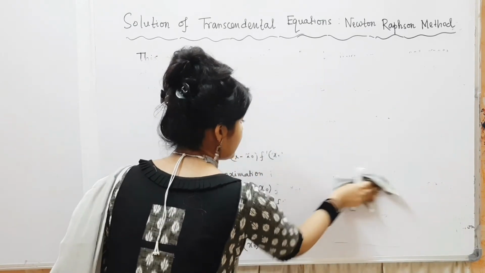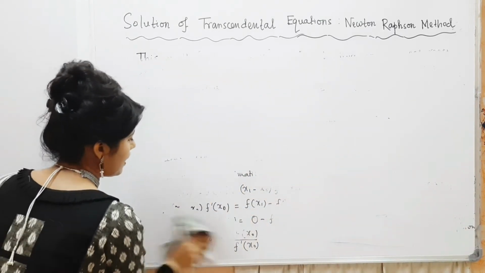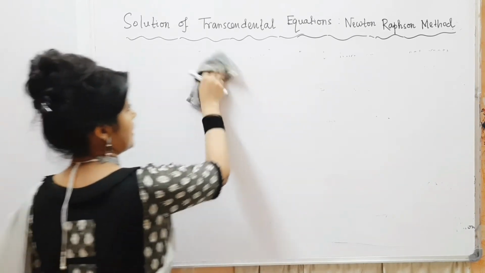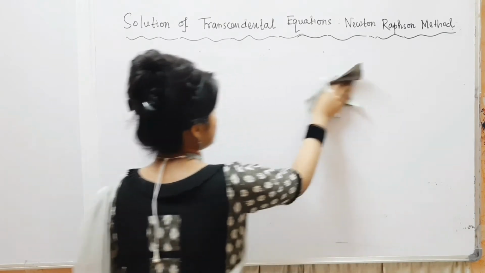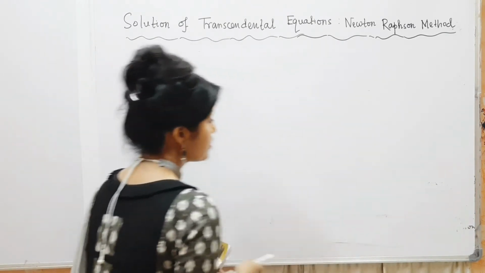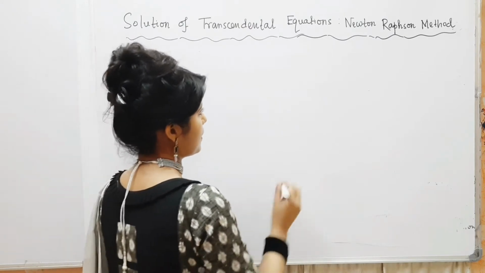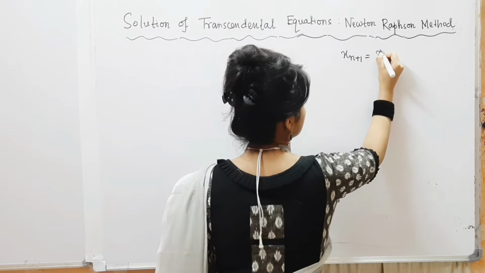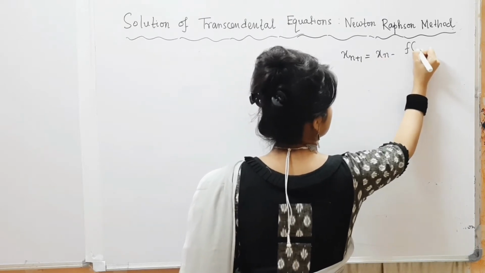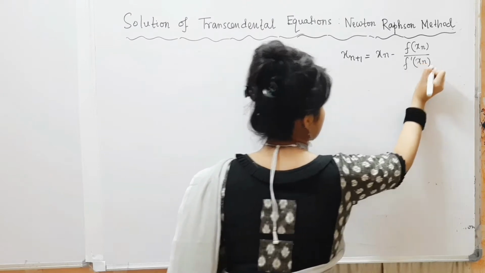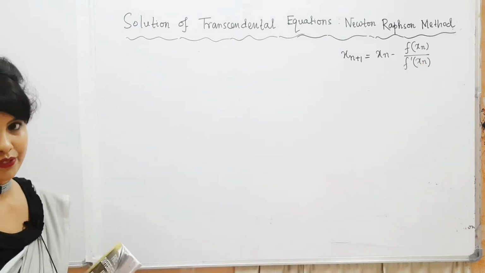So I am writing the recurrence formula or the iterative formula for Newton-Raphson method in this corner, so that you can use this one to solve your problems. Okay, so what was the formula? That is xn plus 1 equal to xn minus f of xn divided by f dash xn. This is the Newton-Raphson formula.